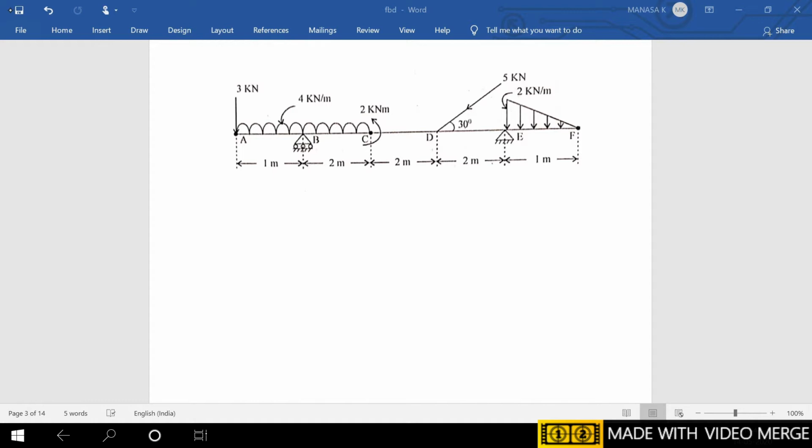So all the loads' starting and ending points, as well as where the support is applied, are given with the variable in the problem itself.